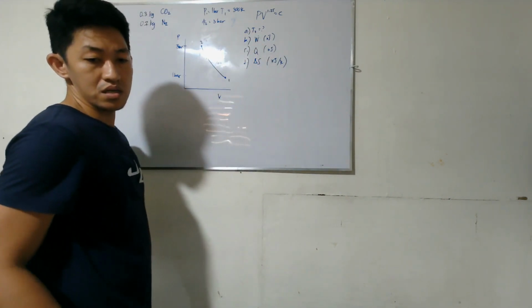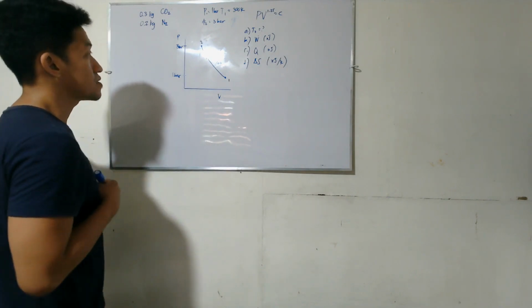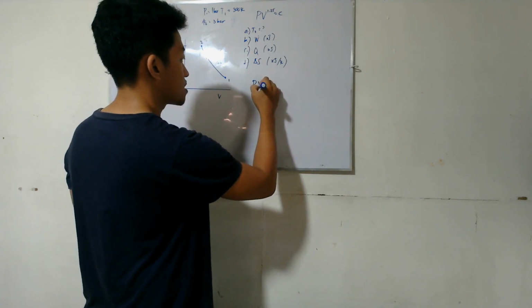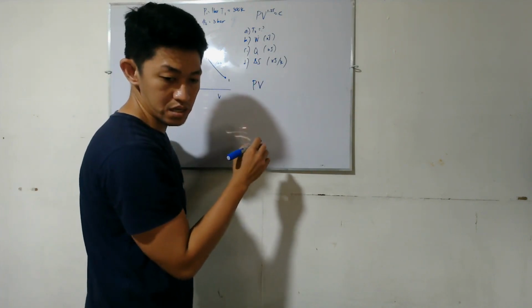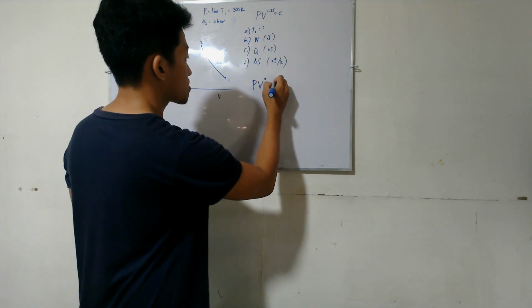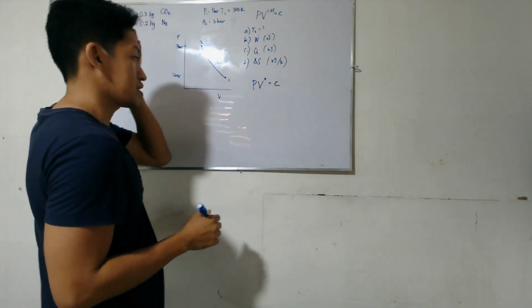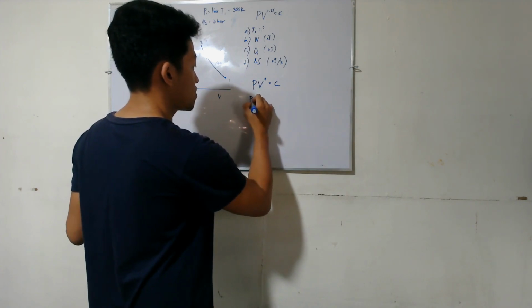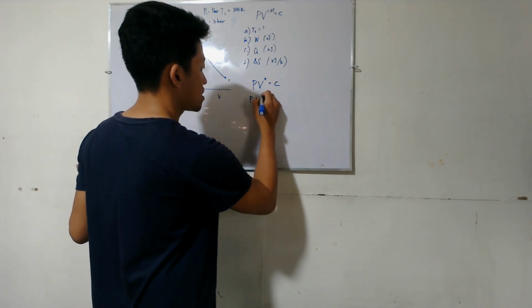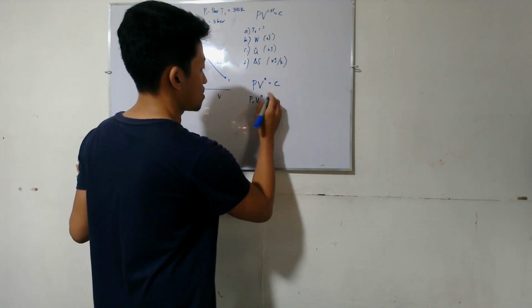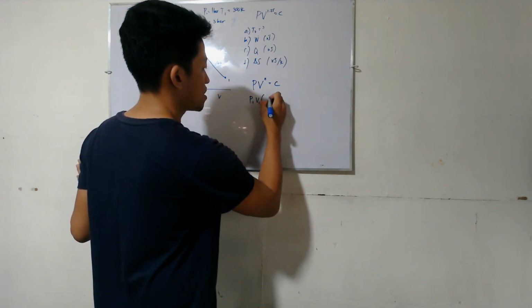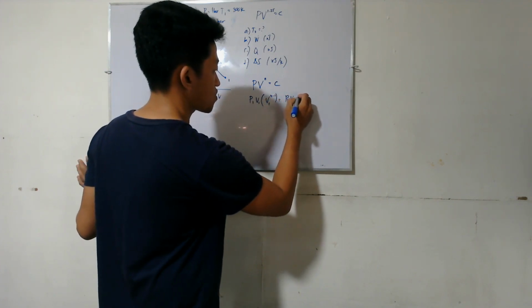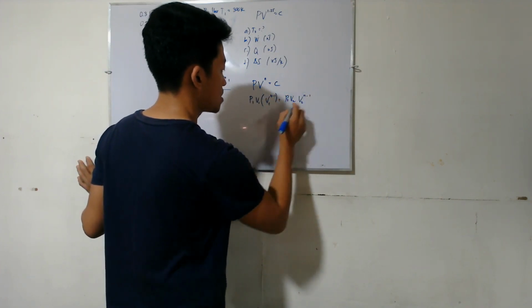So, we'll start with the polytropic process. PV to the n is equal to constant, right? So you have P1 V1 to the n, equal to P2 V2 to the n.